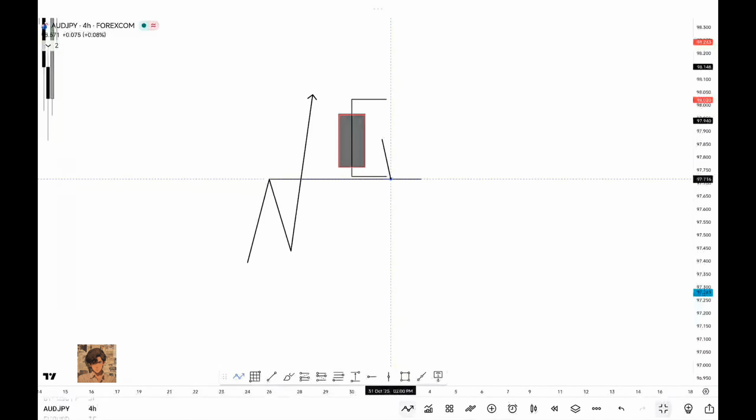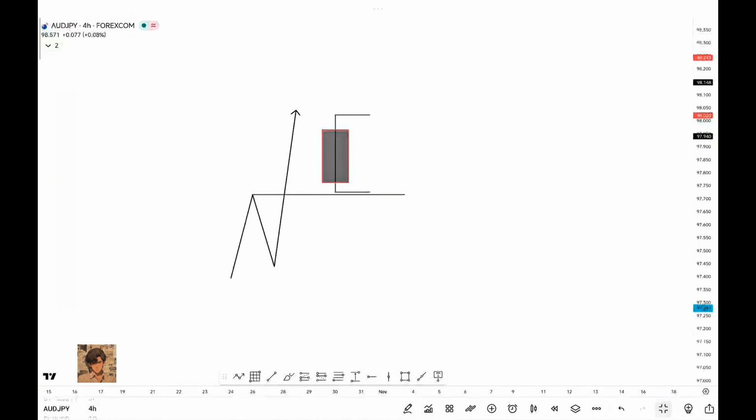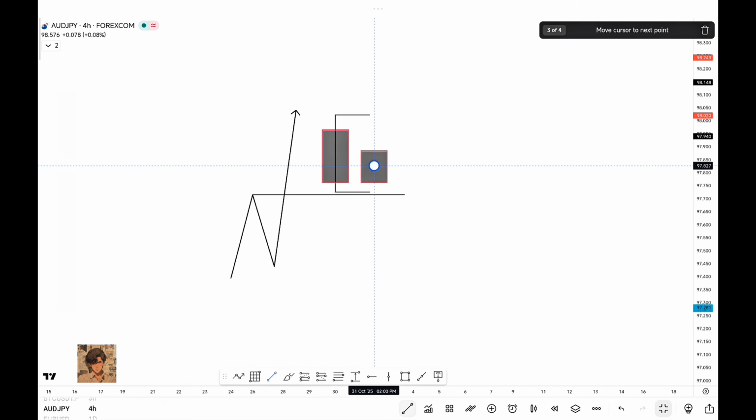Then the second CRT candle takes that high out. What do I mean? You see something like this. So basically something like this. That takes that low out and taps into your level.